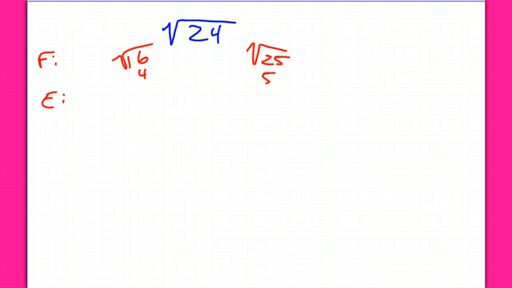Okay, so let's imagine that a student makes a bad estimate here. So the square root of 24 must be 4 point something, a number between 4 and 5. 24 is so close to 25 that I think most students will estimate that the square root of 24 is 4.9.